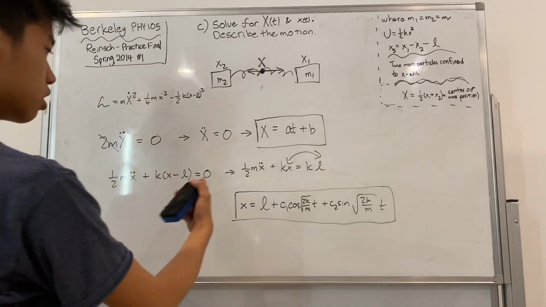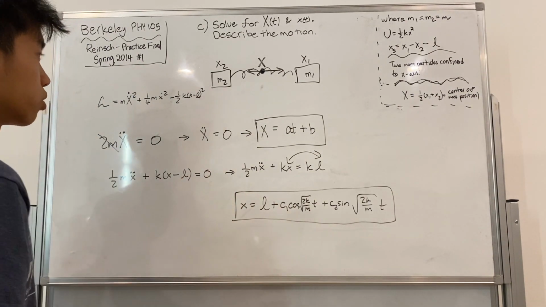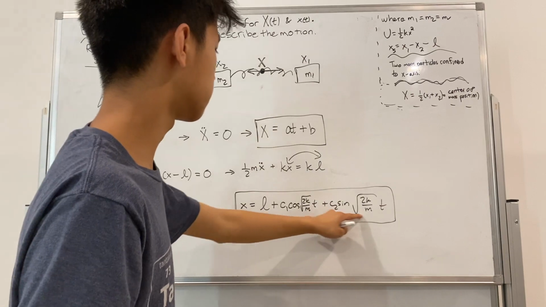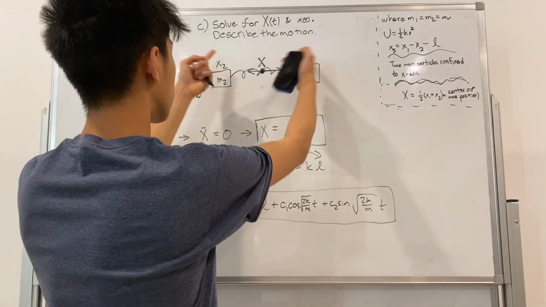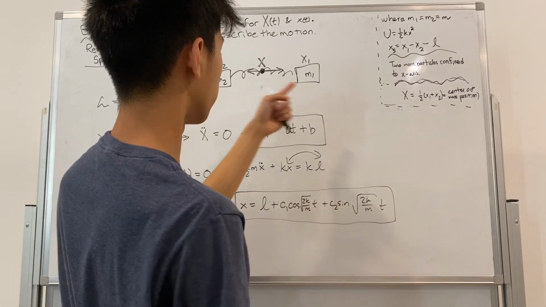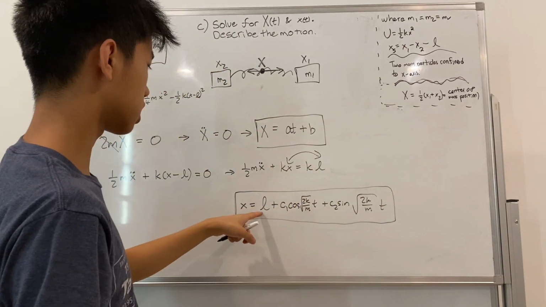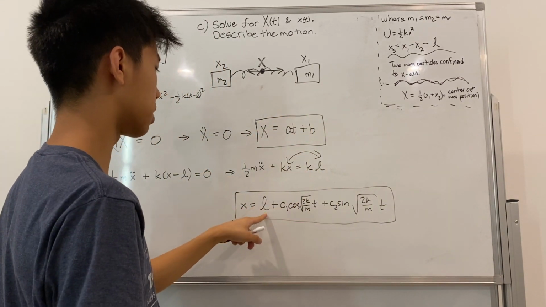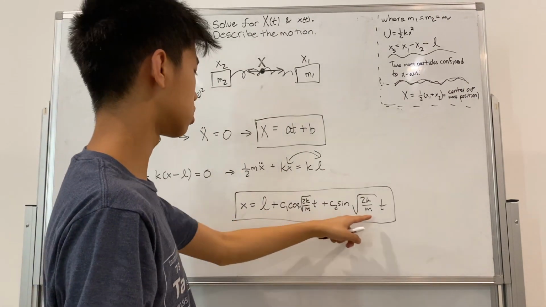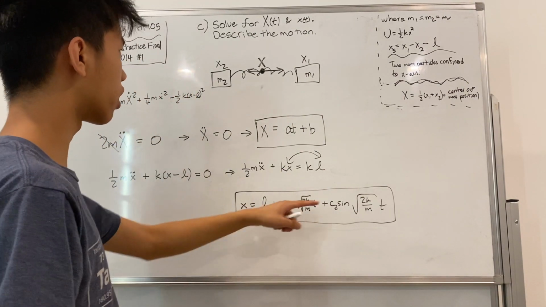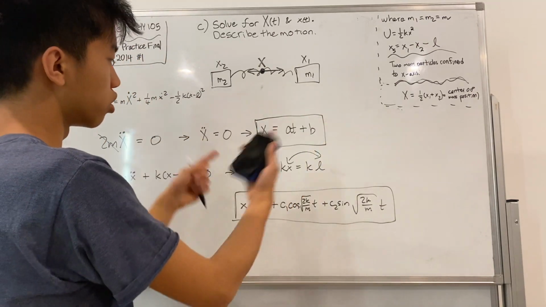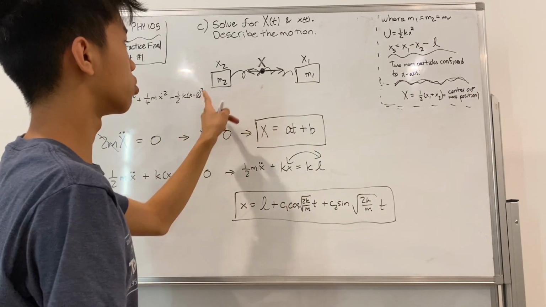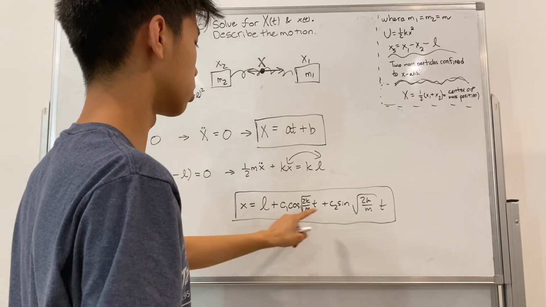About this one, we know that the distance between x1 and x2 wavers a little bit, but it always stays positive because L is a positive number, never straying too far. I don't know what else to say, it just oscillates, wavers a little bit because of the cosine and sine.